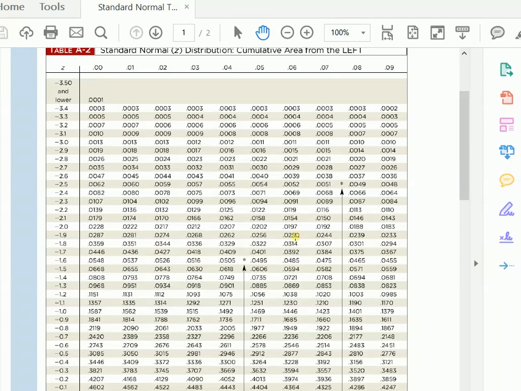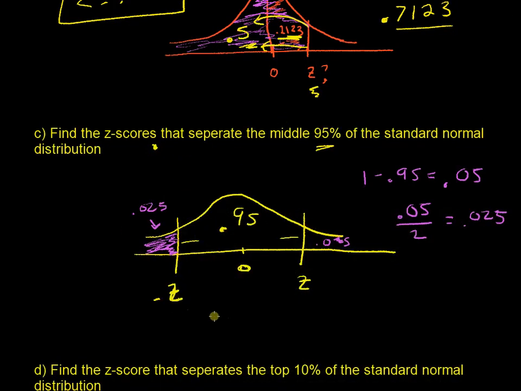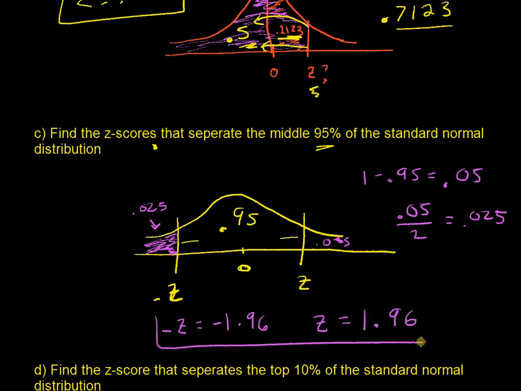There it is. Negative 1.96. Okay, so the negative z-value is negative 1.96. The positive z-value then will be positive 1.96. All right, there we go.